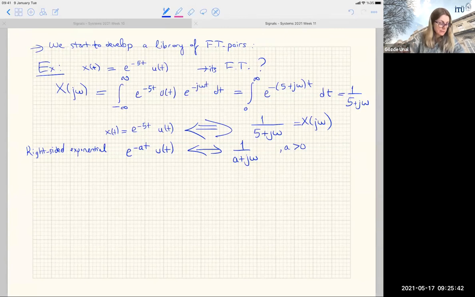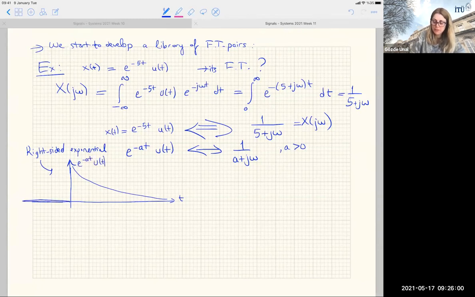Because this is the right-sided exponential, e to the minus at u of t. It's all zeros here. It starts at t equals 0 at 1, and it just decays.